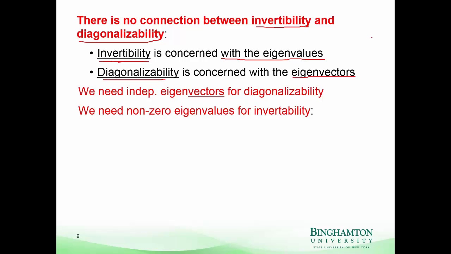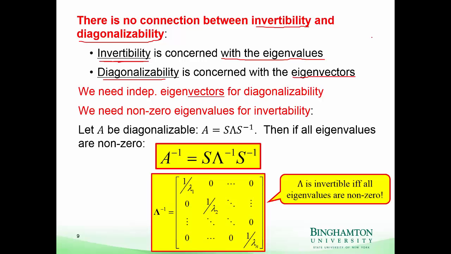We need non-zero eigenvalues for invertibility. And to see this last bit, see, I put a colon there. That means that this stuff down here is something to do with that. So let's say that A is diagonalizable. So we've got linearly independent eigenvectors, so we can write this out this way.